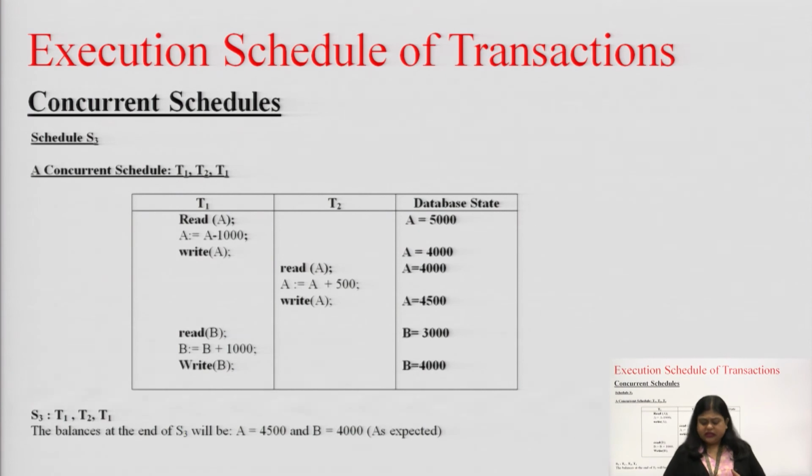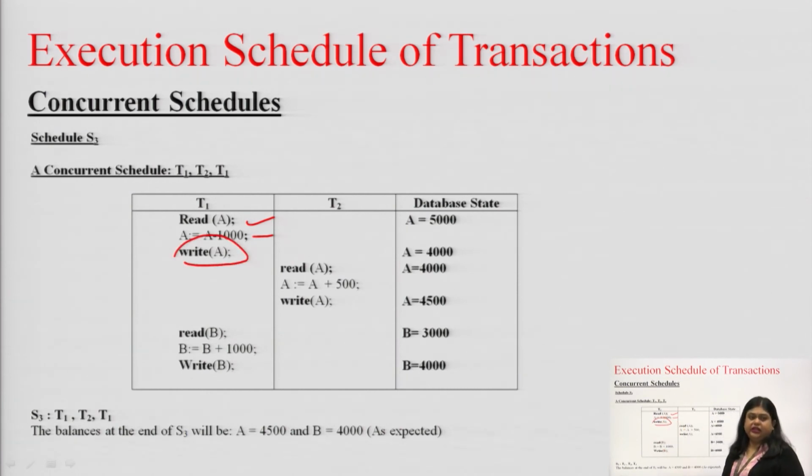So, over here you can see this is the example of a concurrent scheduling. Now, what is happening? We started with transaction T1, we read the value of A, deducted the value of A by 1000, and then we were trying to write the value of A back into the database. So, our IO took place and the CPU got shifted to transaction T2, right, before T1 could have completed itself.